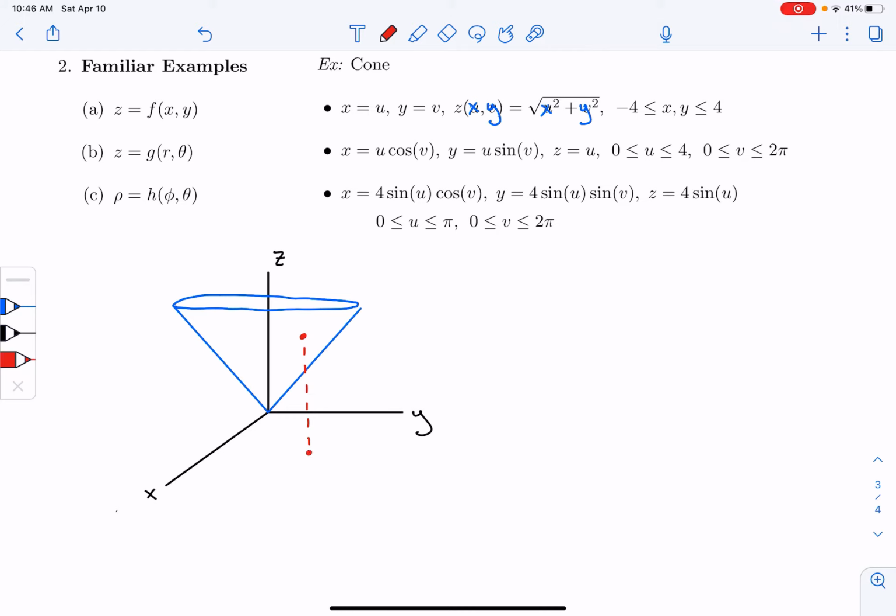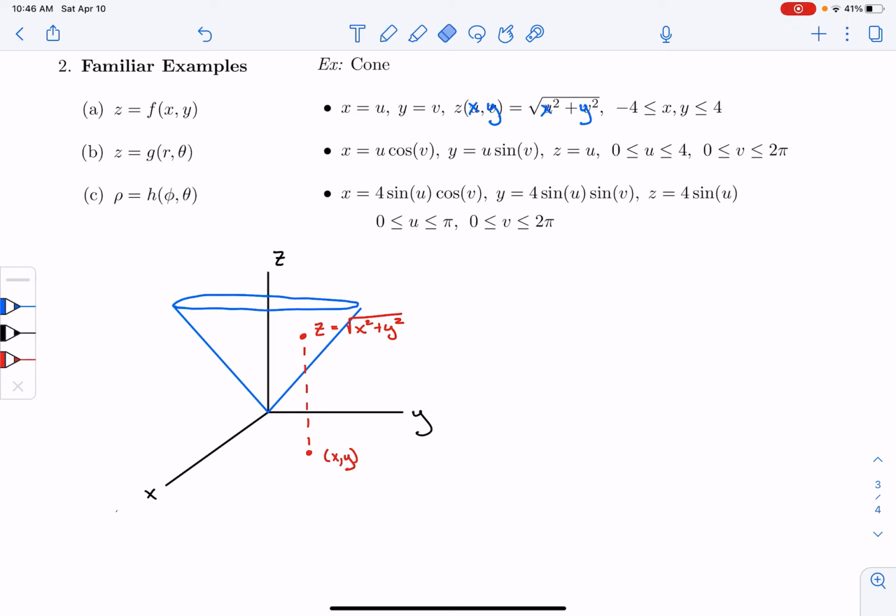So here we have a point xy, and then on the surface we have z, which is a function of x and y. But that's not the only way that we can describe a cone.